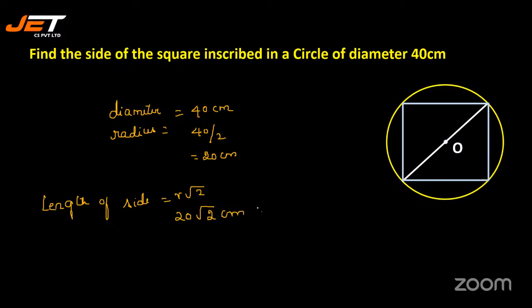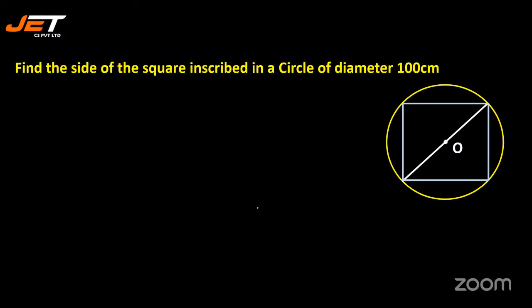Let's move on to the next sum. Find the side of the square inscribed in a circle of diameter 100. So our diameter is 100 centimeter. What is radius? 100 by 2, which is 50 centimeter.